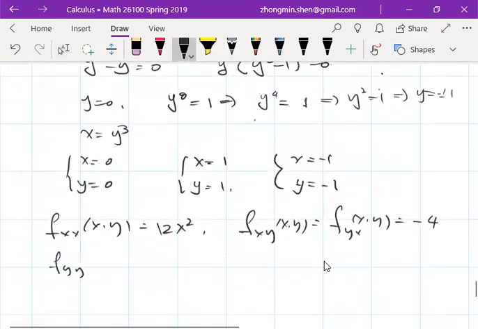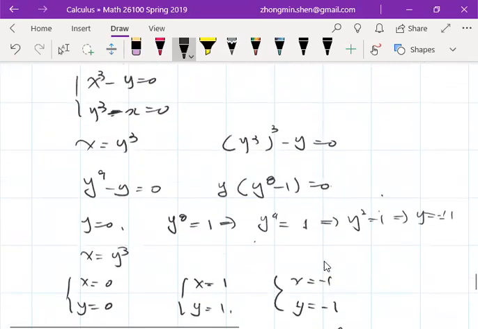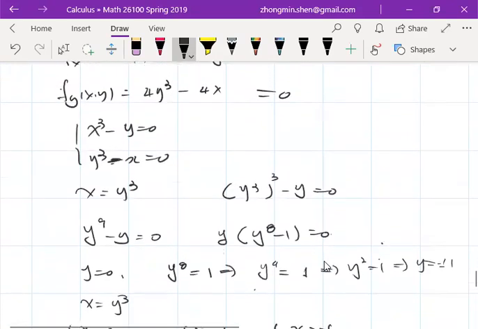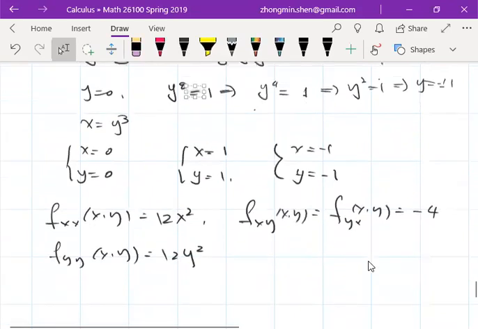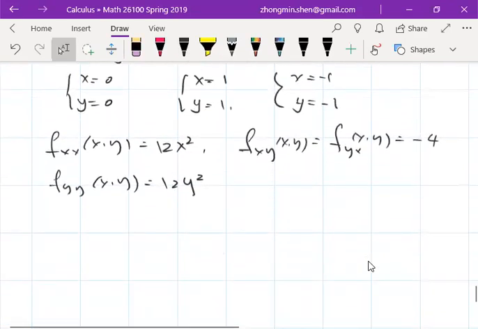Then f sub yy, I'm supposed to get 12y squared. So you get a matrix, but you have to evaluate at those points.